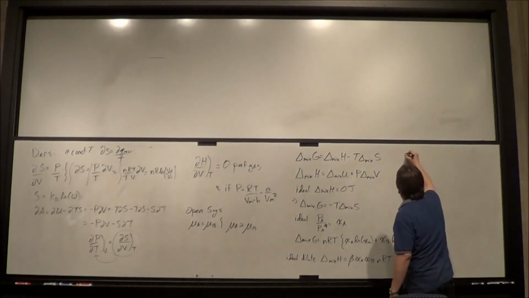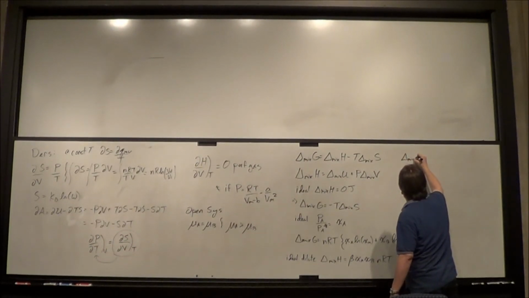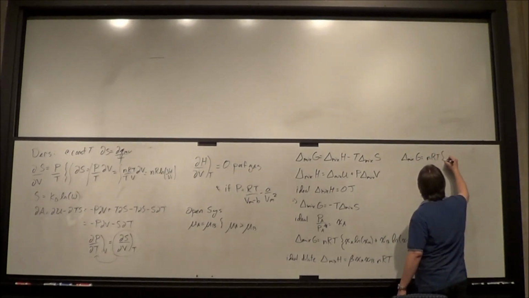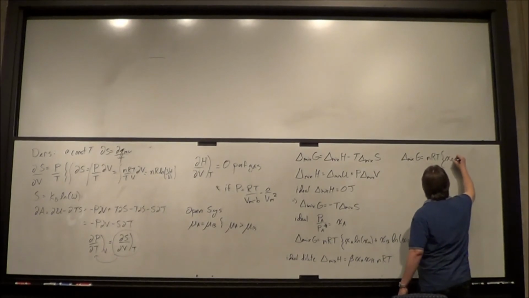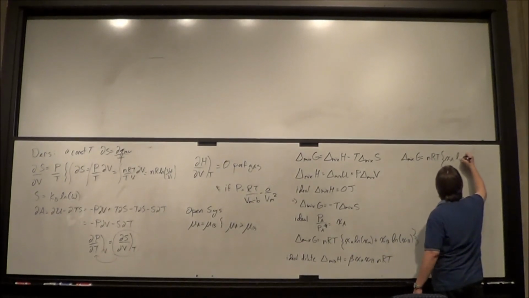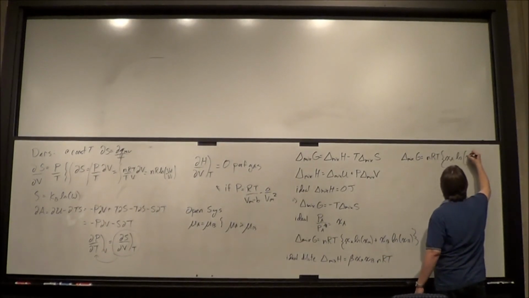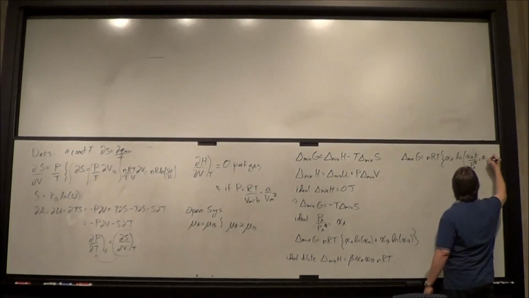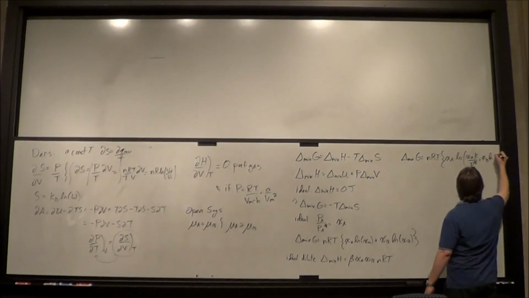If you have that, you can say then that delta mix G is nRT, and again, I'll make the A the solvent, the solute. What you have is the Henry's law constant. Okay, so that's Henry's law, but for solvents, Raoult's law is followed. Yeah, I'm sorry about this.